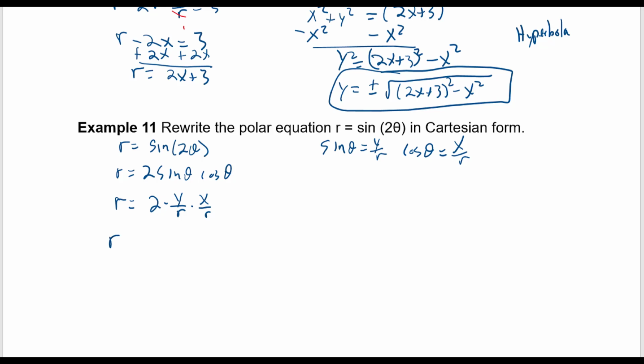So we have r equals 2xy over r squared. Now we can multiply both sides by r squared. r cubed equals 2xy. Now recall that x squared plus y squared equals r squared.